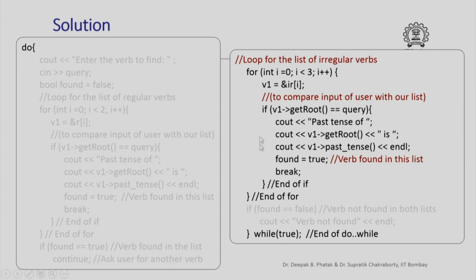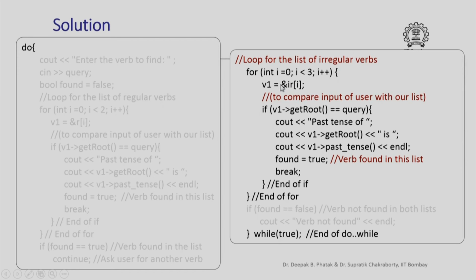Once again a very similar action happens here, because the array of irregular verbs has 3 entries in it. So I am going to have this for loop which iterates from i equals 0 to i less than 3. Once again I am using the same pointer v1 of the base verb class to point to an object from this array of irregular verbs.